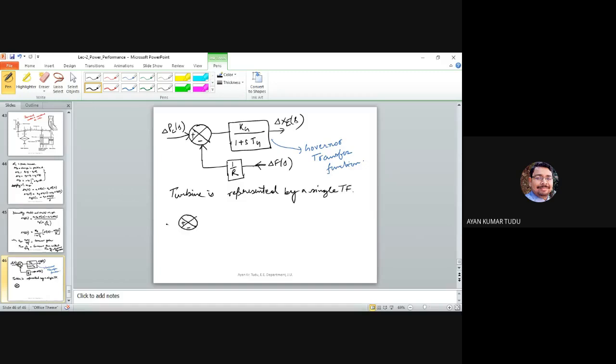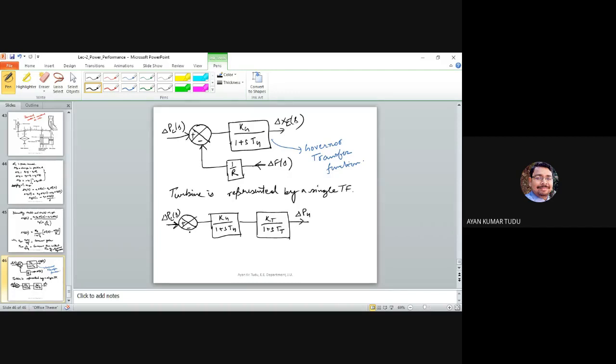This is the input, our delta Pcs, the speed changer position. This is our Kg by 1 plus sTg. This is our delta Xcs, and the input of this is going into our Kt by 1 plus sTt.